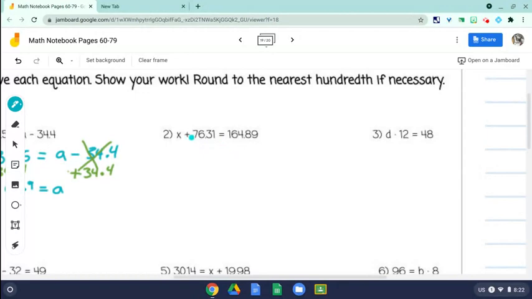So I can see that there is an operation here of addition. I know the subtraction property of equality says that I can subtract both sides of the equation by any number, and it's still going to be equal as long as I do the same subtraction on both sides of the equal sign. So if I subtract, let's use red, let's rewrite this: 76 and 31/100 equals 164 and 89/100.